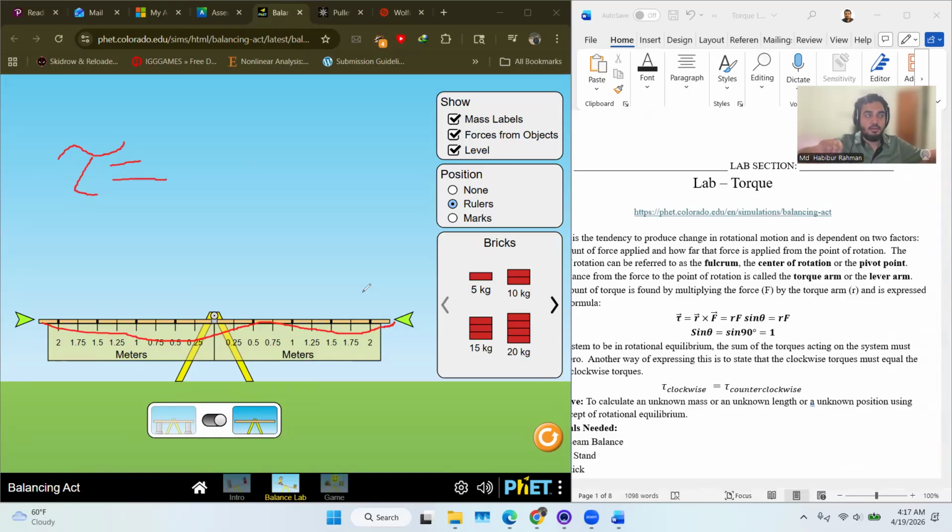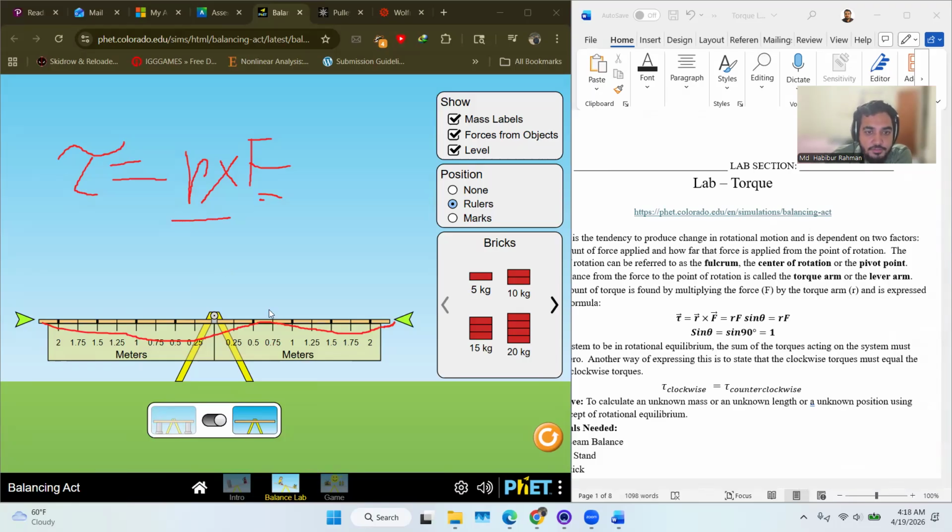Torque is nothing but force in a circular motion. Actually, we can lift a higher, more massive object using torque. How can we do it? I will explain to you.